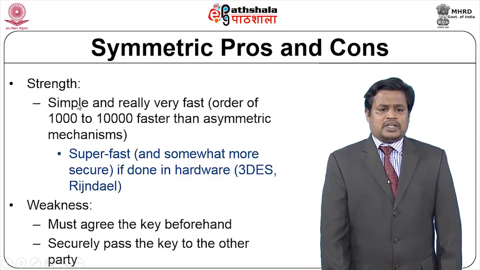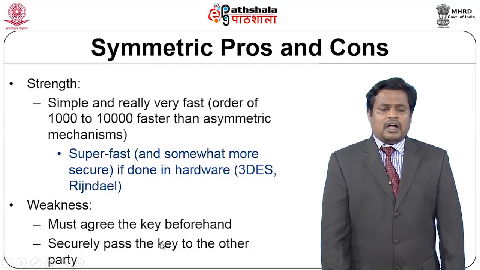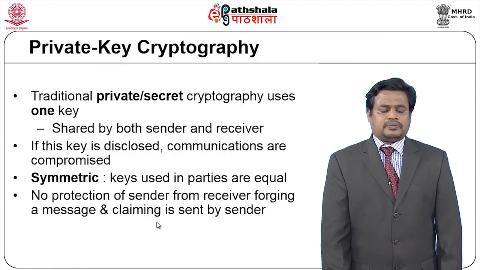The strength is that this algorithm is very fast compared to asymmetric key, but the difficulty is that the key needs to be shared. How are we going to securely share the key without an adversary or threat affecting the system? That is the challenge of symmetric key.